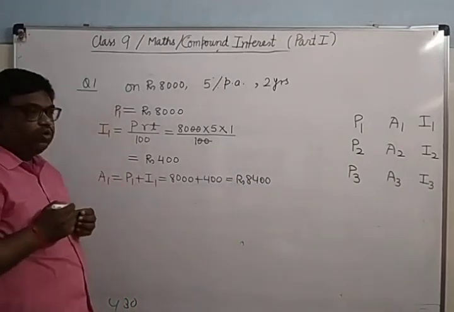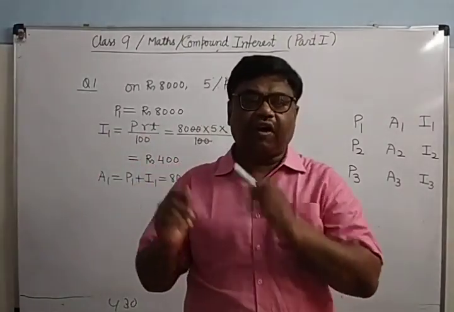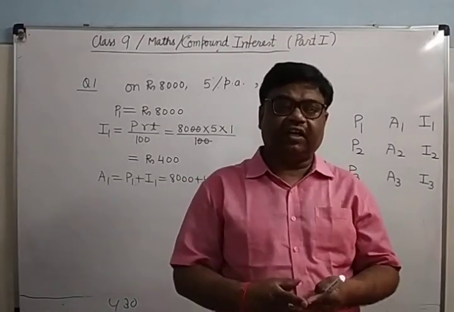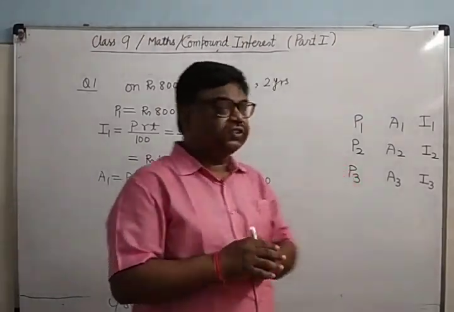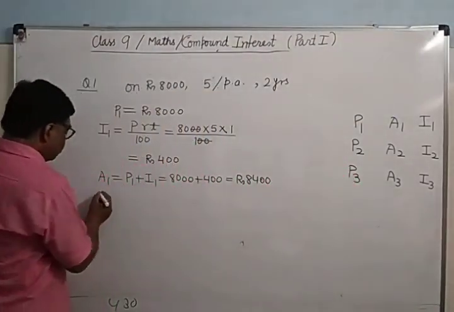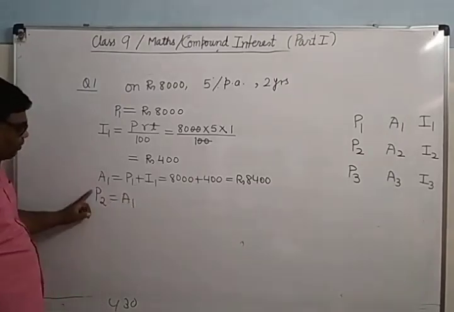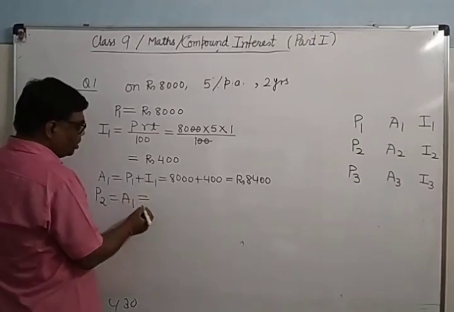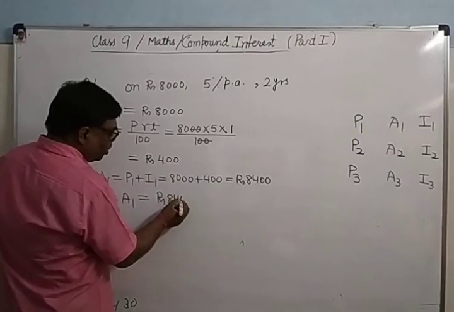Now I have already told that the amount of a year will be the principal for the next year. Now which year will come after the first year? It is the second year. So what will be P2? P2 will be equal to A1. Principal for second year will be the amount of first year. You remember this thing. So it will be equal to rupees 8,400.